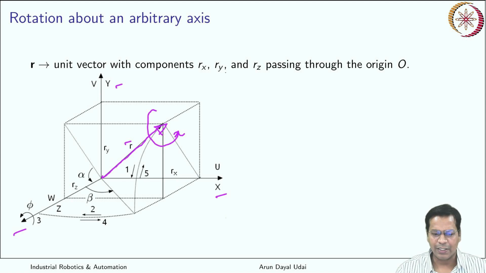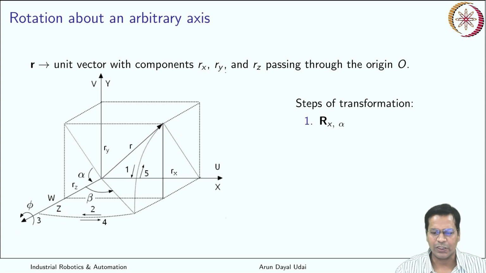Now I'll start aligning this to one of the axes. Let us say I have chosen to align this r with the z-axis. But how will I go about it? First rotation will be, let us say, rotation about the x-axis by an angle alpha. This is your x-axis, and you have rotated by an angle alpha.